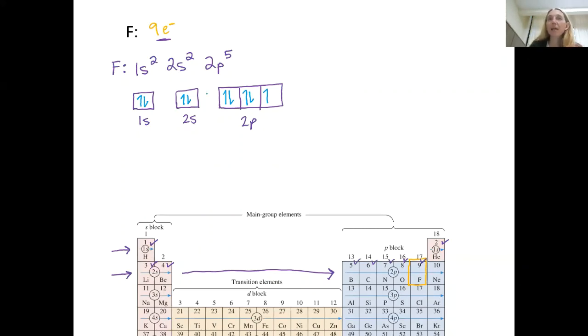Okay, so just some vocabulary with this. This notation is called the SPDF condensed configuration.